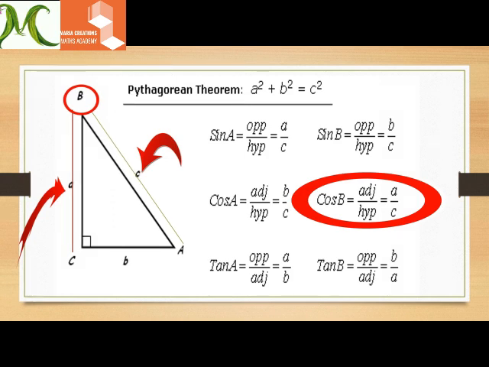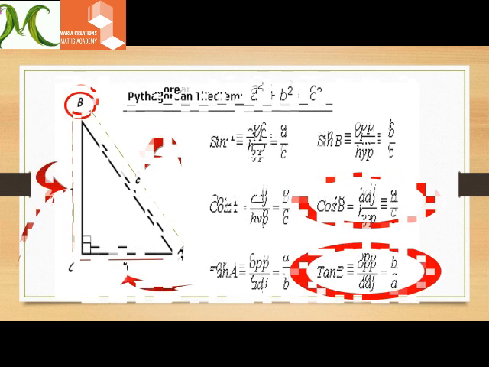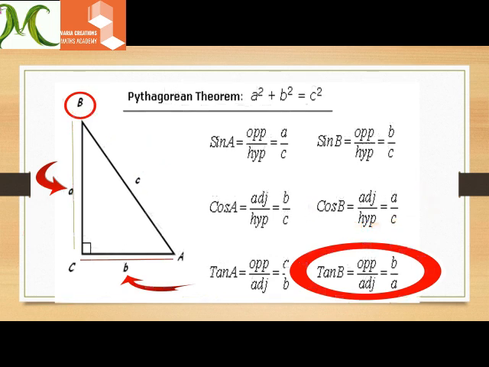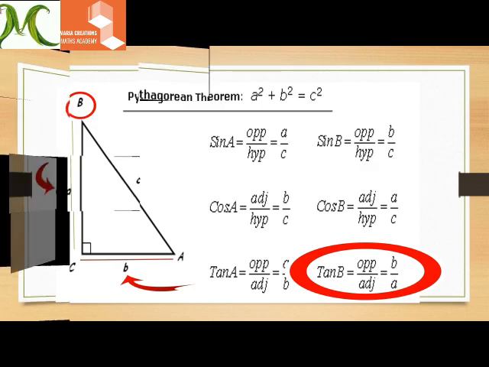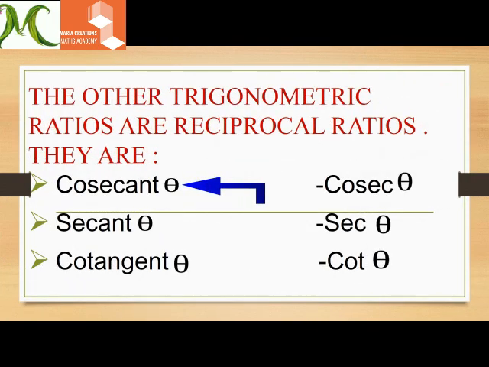Cos B is equal to adjacent side by hypotenuse, that is equal to capital letter BC by capital letter AB, that is equal to small letter a by small letter c. And tan B is equal to opposite side by adjacent side, that is equal to capital letter AC by capital letter BC, that is equal to small letter b by small letter a.